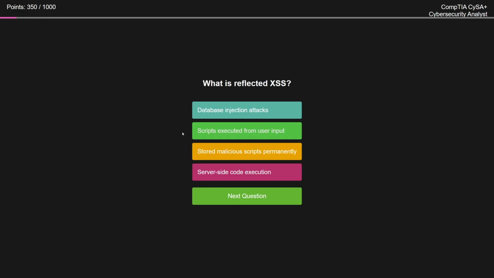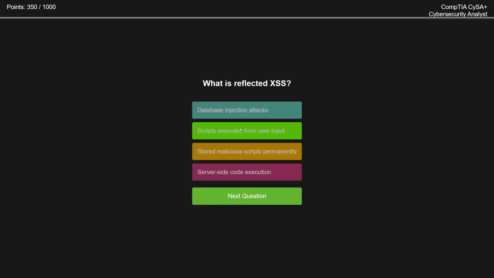Because I'd actually say scripts executed. Server-side code execution would be server-side request forgery, so SSRF. That's the reason it wasn't that one.